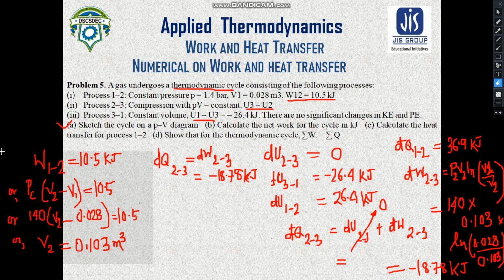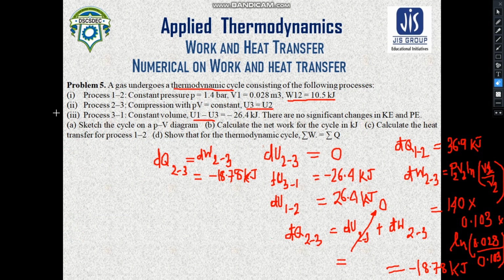Now the question comes, how can we find the next one, right? So we need to find out the heat transfer and work transfer for the next process. So this is a constant volume process, which indicates this dw 3 to 1 should be 0, right?